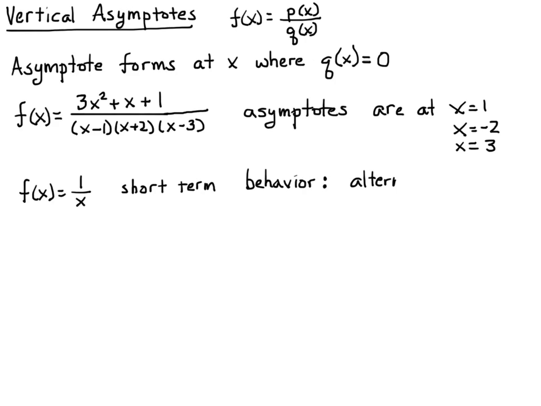So here we're dealing with short-term behavior, which is around the roots. If we have 1 over x, or an odd number, it's going to alternate like this. So in other words, when we come from the negative side closer to 0, it retains the negative. So if we're at negative 1/1,000th, when we take the reciprocal, we'll be at negative 1,000.